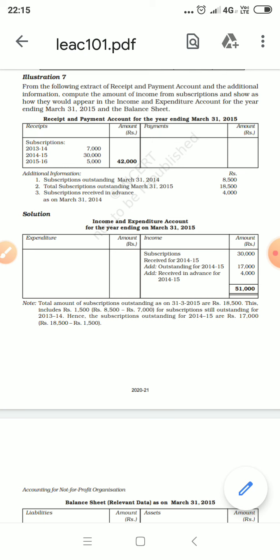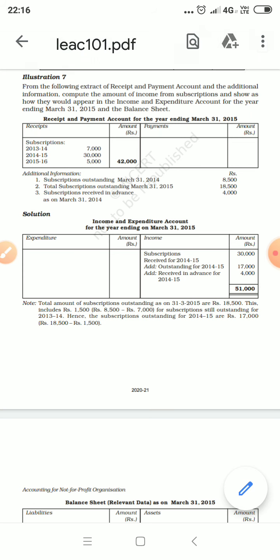So a financial year starts from April of one year and ends in the March of next year. So this is 1st April 2013 to 31st March 2014, that is previous year. Then 1st April 2014 to 31st March 2015 is current year. Then 1st April 2015 to 31st March 2016 is next year. Some students may get confused in these terms, so you should be clear.